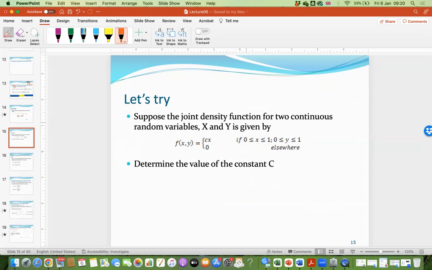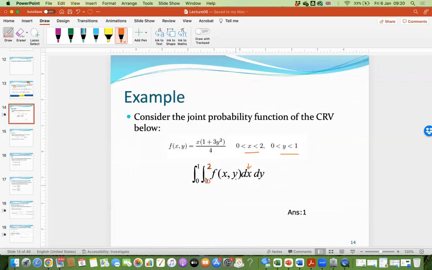Suppose the joint density function for two continuous random variables, x and y, is given. Determine the value of the constant c. When you look at this, you first have to use this equation.